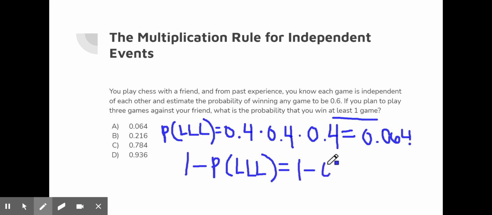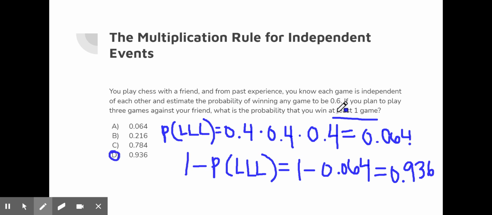So 1 minus 0.064. And that is 0.936. So D would be your answer for that.